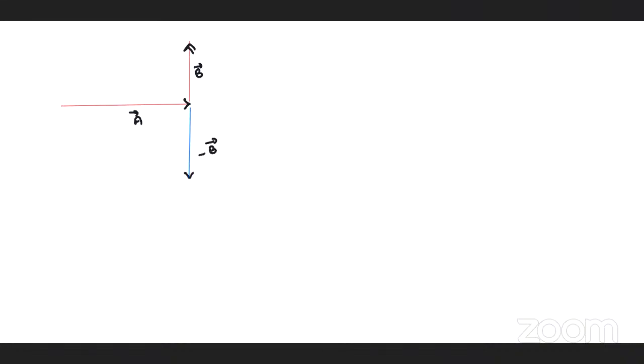If I start drawing minus b bar on the same line and construct the parallelogram, minus b bar downwards, a bar towards right, they originate from the same point. So from the parallelogram, I am getting the line like this. This is the direction of a bar minus b bar.